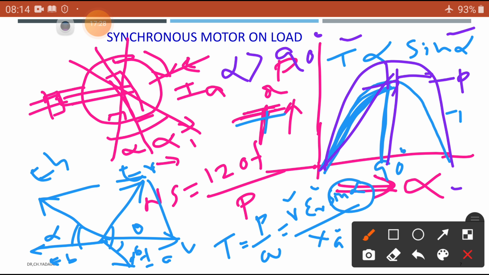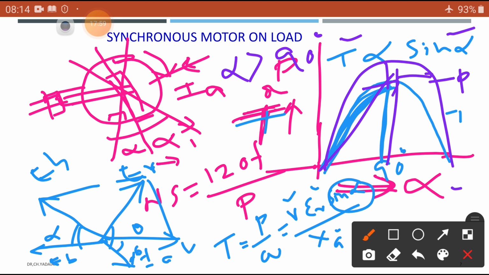Hunting may occur when a synchronous machine is used to drive a varying load. Varying load means the load suddenly increases and suddenly decreases on the machine. During this, the current changes.